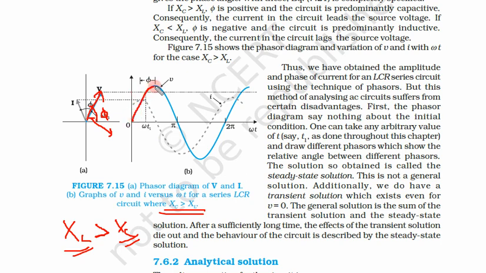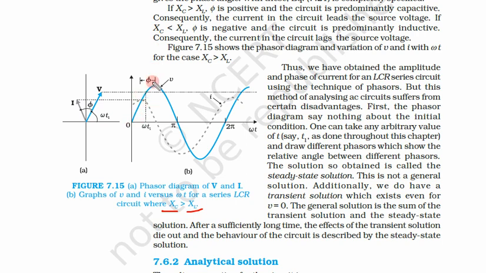Voltage suppose remains the same. So what will happen? Current will peak after the voltage. But we have made the diagram for a single case. What is that case? When capacitive reactance XC is greater than XL.